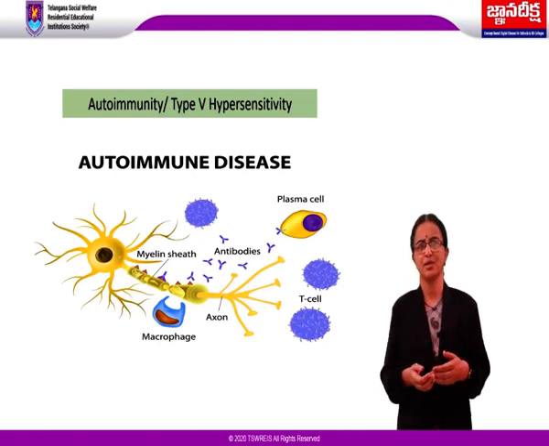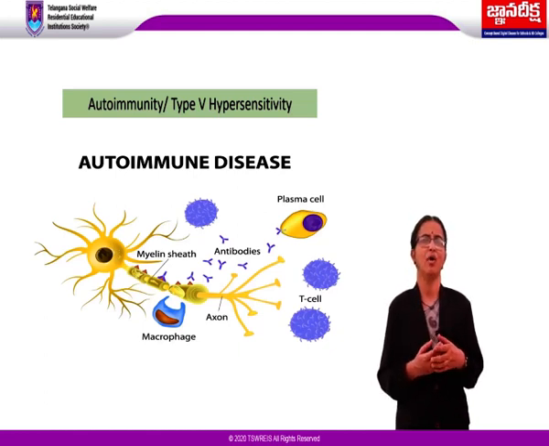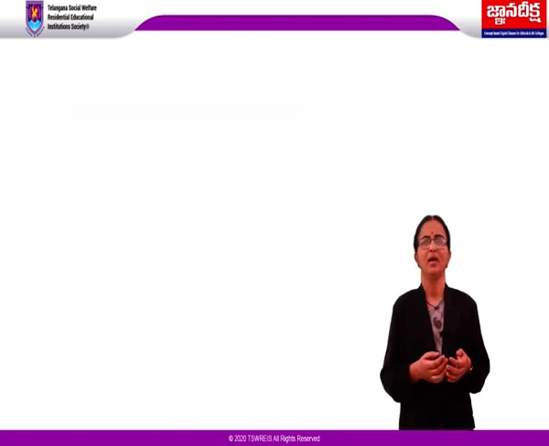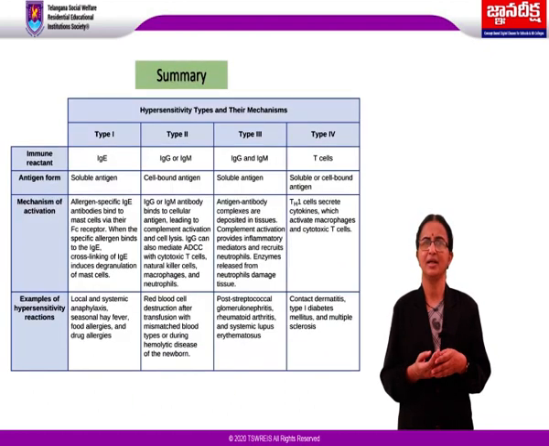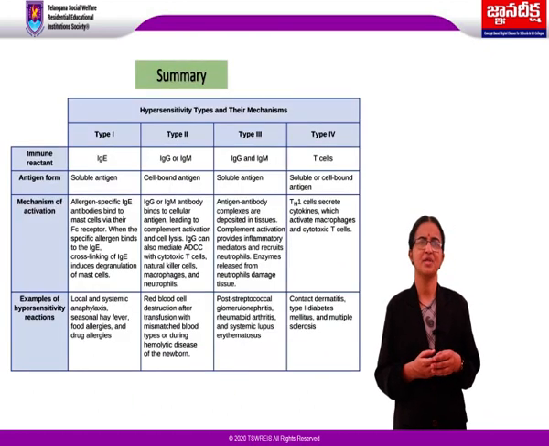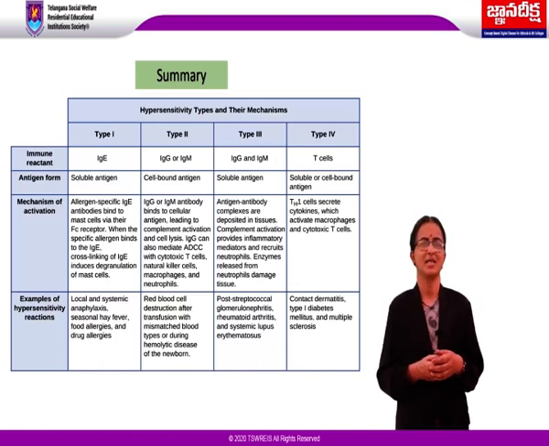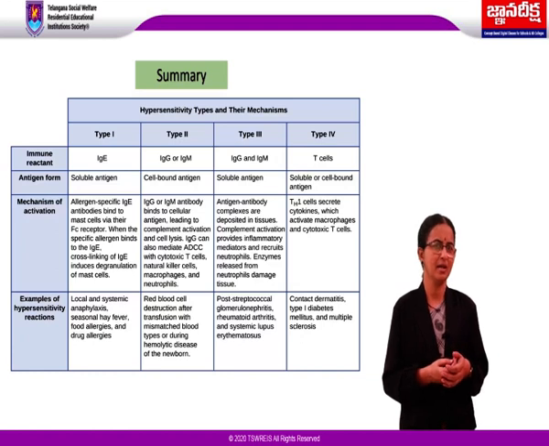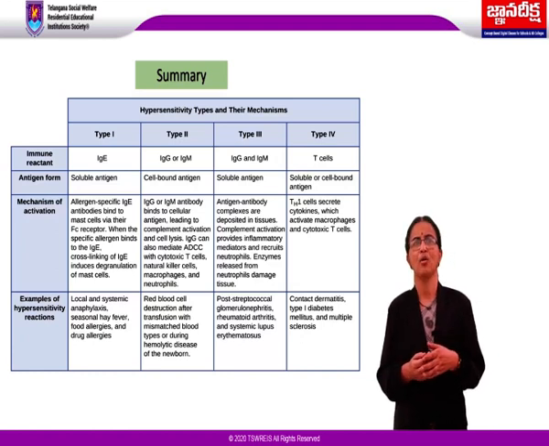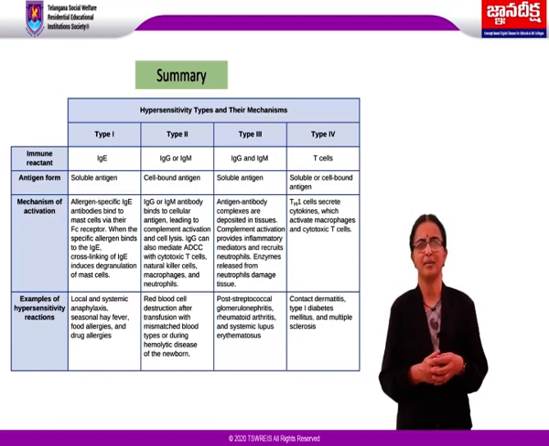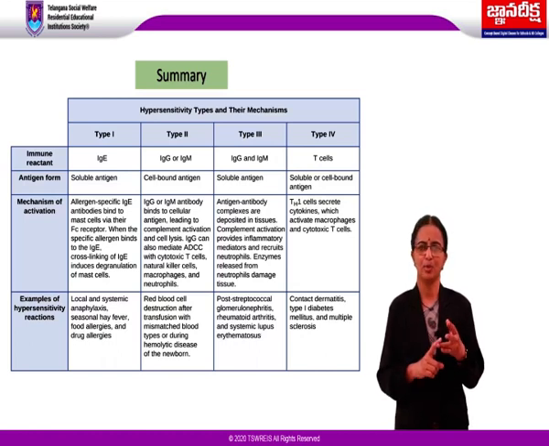Before ending this topic, I would like to recall what we have learned till now. We have learned what hypersensitivity is and the mechanisms involved in different types of hypersensitivity. Hypersensitivity is an allergic reaction because of overreaction of the immune system of a person. The types of hypersensitivity are type 1, type 2, type 3 and type 4.